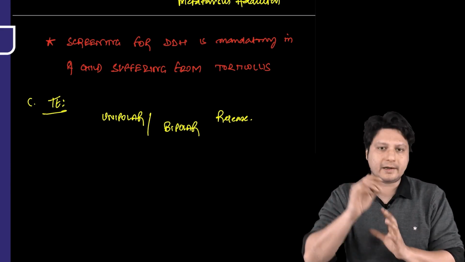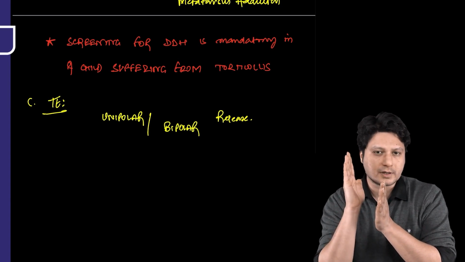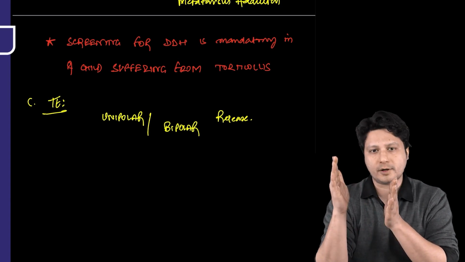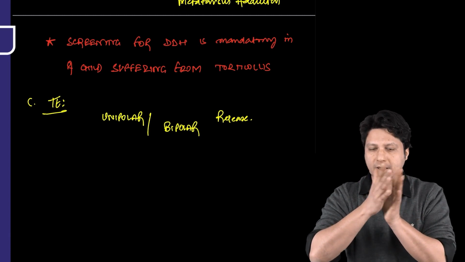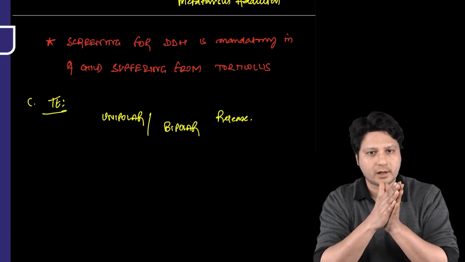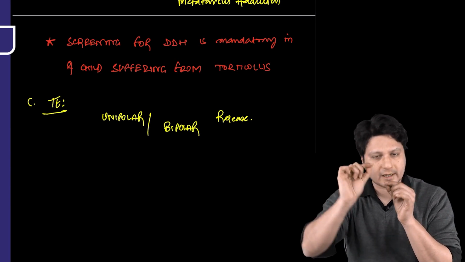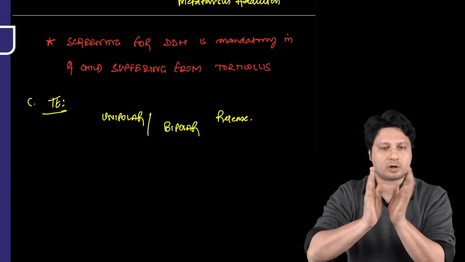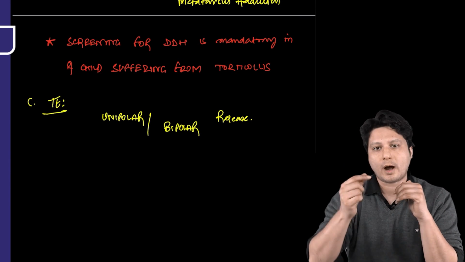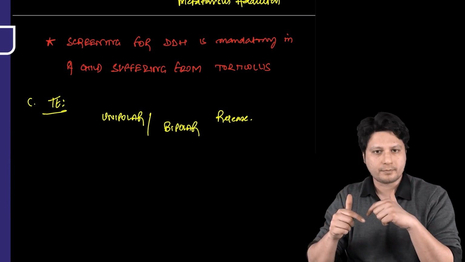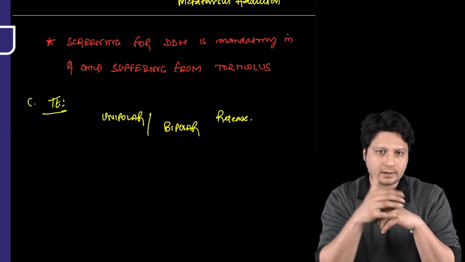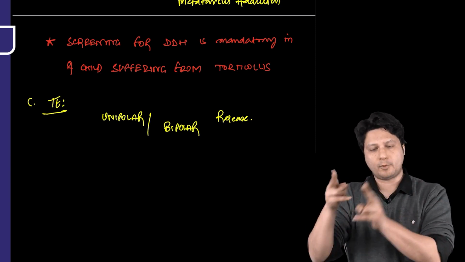Unipolar means when you release just the clavicular end or the mastoid end, and by releasing this insertion or origin of the sternocleidomastoid muscle, all the deformity is corrected; that is called unipolar release. Bipolar release means that if you have released one of the attachments and the entire abnormality is not corrected, you have to release the second attachment also. So that will be called bipolar release.